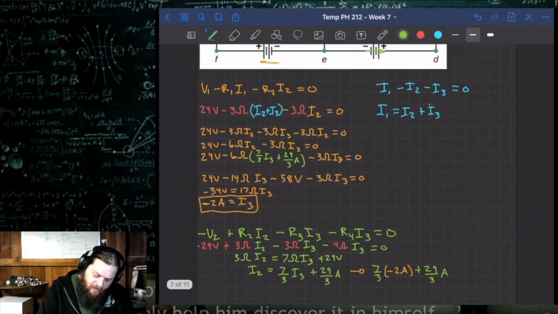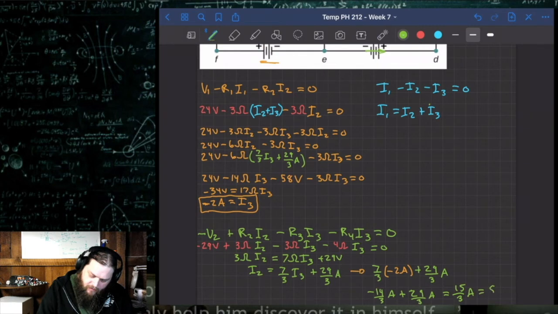Doing that, we end up with a negative 14/3 amps plus 29/3 amps, which is equal to 15/3 amps, which is, of course, 5 amps. So that's the current for I2.